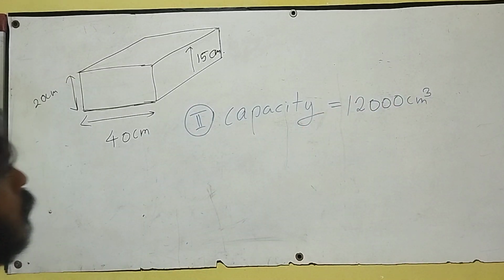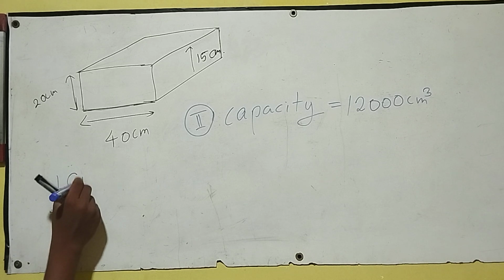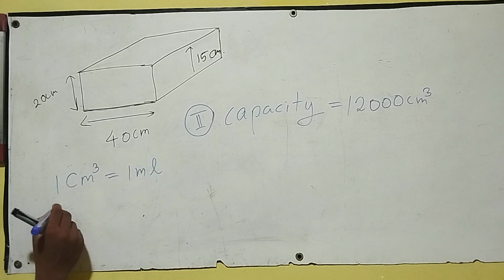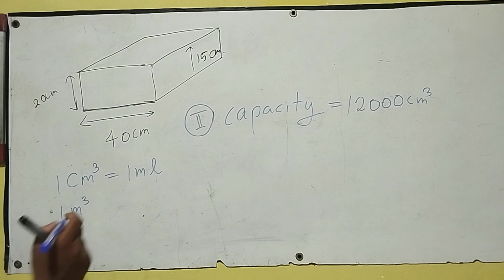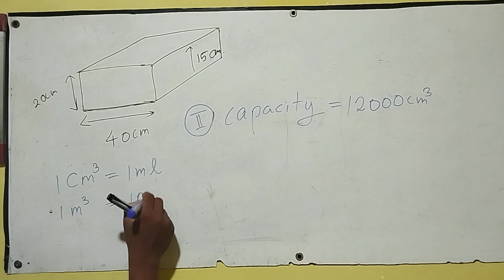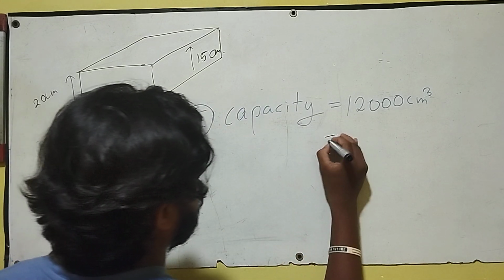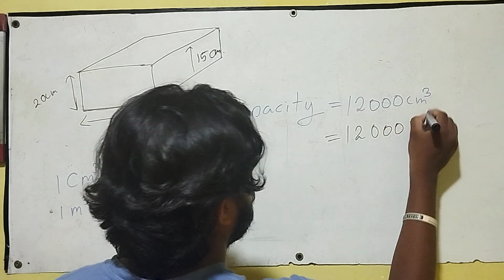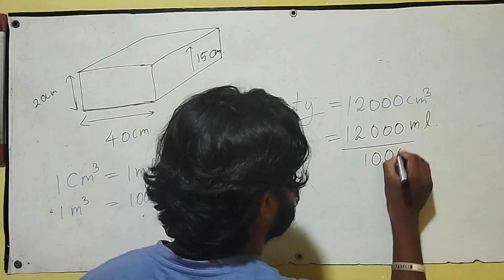12,000. From this we can obtain, we know 1 cubic centimeter is equal to 1 milliliter, as well as 1 cubic meter is equal to 1000 liter. From that we can obtain 12,000 milliliter divided by 1000.